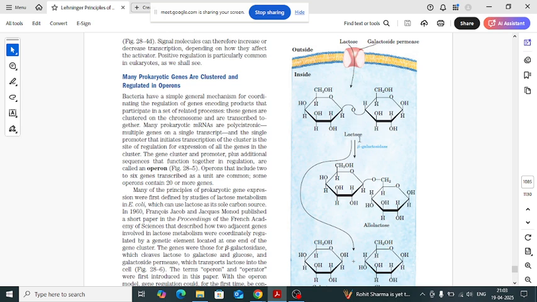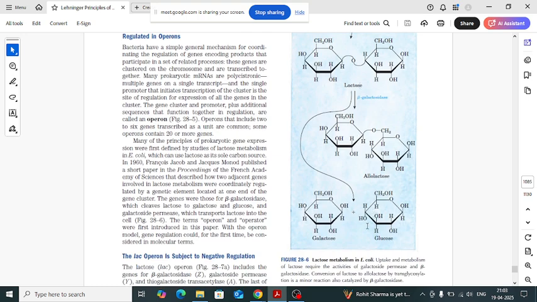So now the cell has to express beta galactosidase. This beta galactosidase will cleave the beta 1,4 lactosidic linkage of the lactose, so that it will cleave the lactose into glucose and galactose, right?